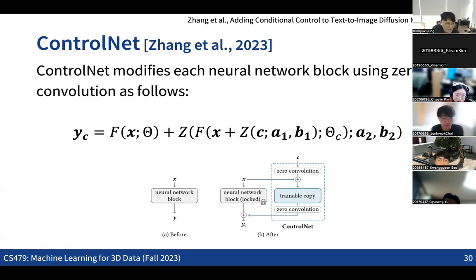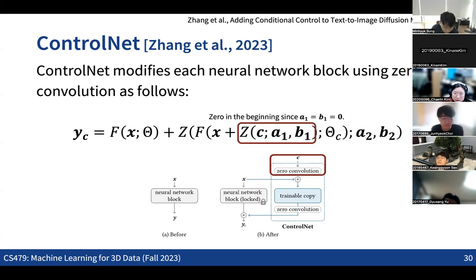At the very beginning, given the condition of the input, we feed it into the zero convolution. Then at the beginning step, before the fine tuning, we just get zero, right? Because the parameters of the zero convolution layer are initialized with zero, the output of this zero convolution will be zero.